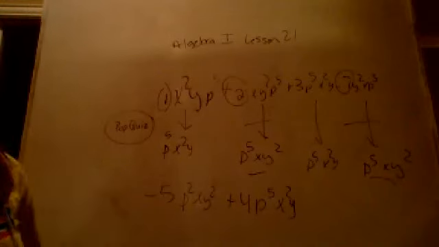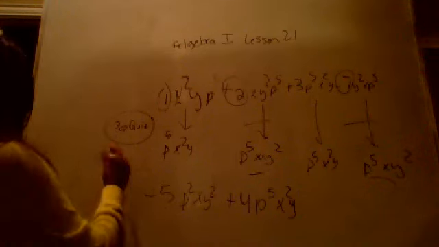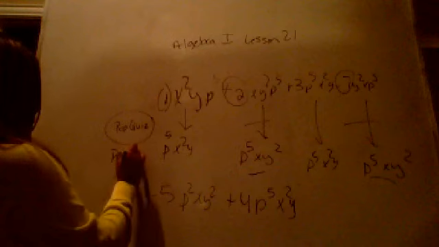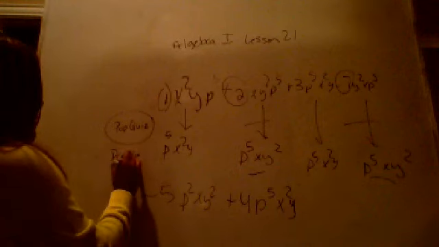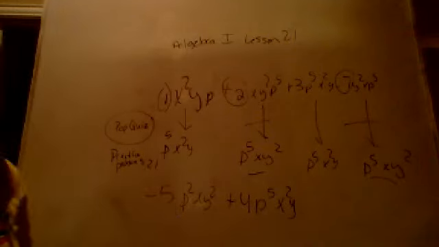Okay? If you do that, there's no pop quiz that day. Otherwise, there's a pop quiz. All right? Top of practice problems 21, the top of the page. That's it.